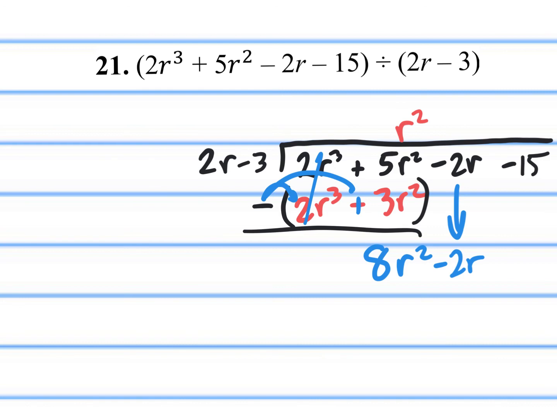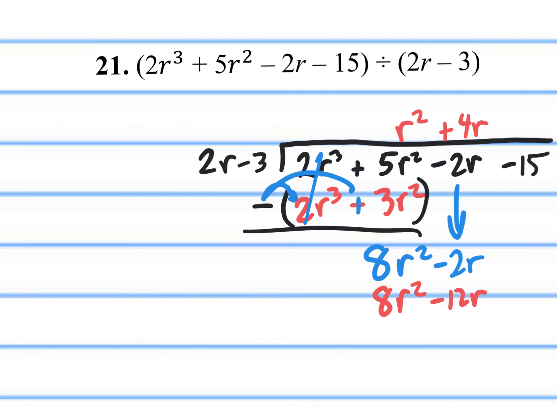And then again, you look at your first term, 2r times what will give us an 8r squared? What is it? 4r. And of course, we're going to put that positive 4r above the other r's, staying organized. And we're going to distribute 4r times 2r is the 8r squared that we wanted right there. And then 4r times negative 3 is negative 12r.